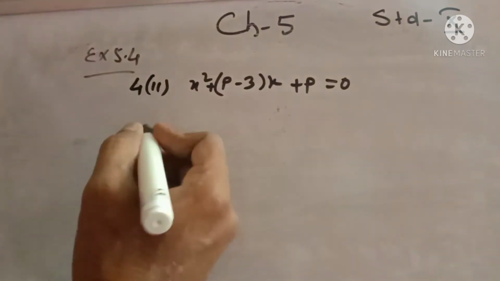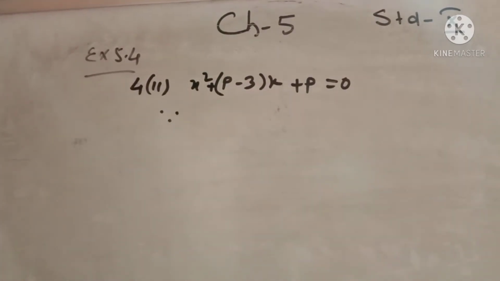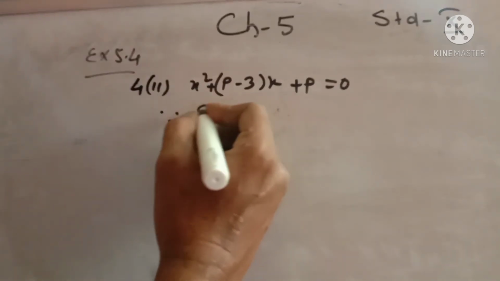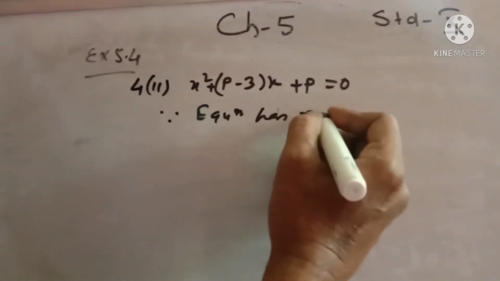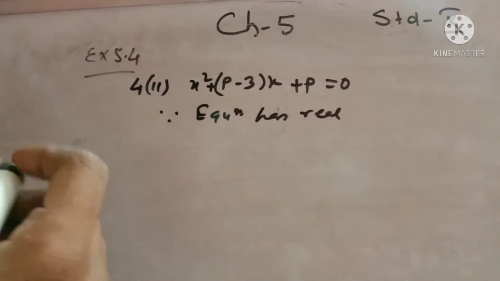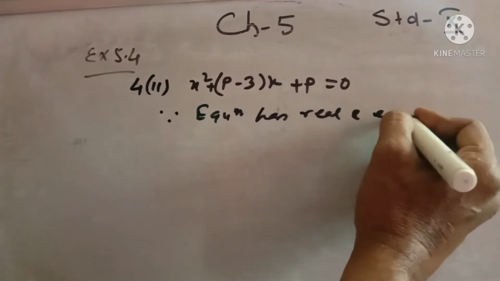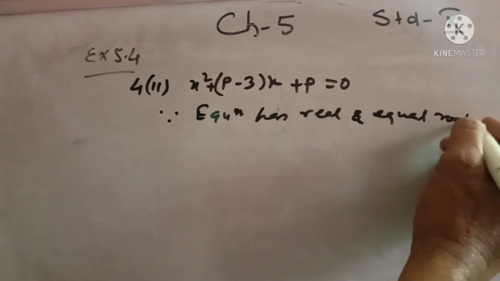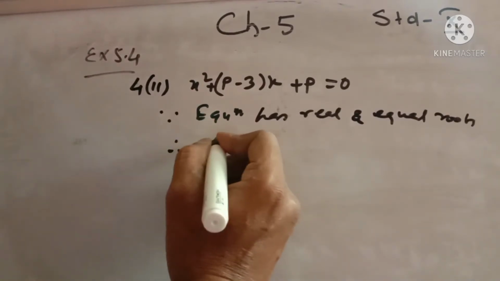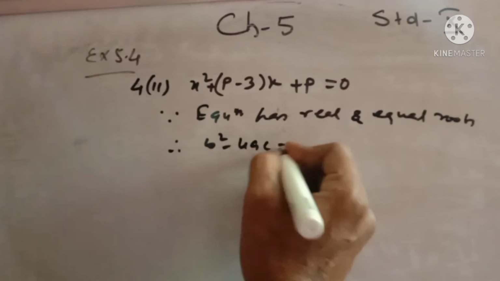Since it is given the equation has real and equal roots, therefore b square minus 4ac, or D equal to 0.